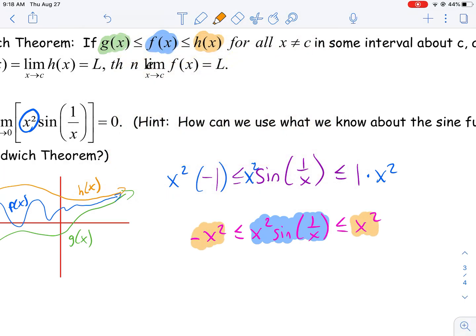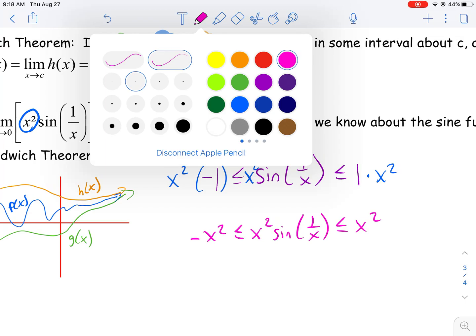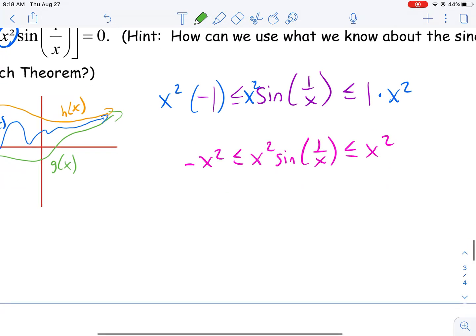right here and right here, and we know how to find the limit of those, because those limits are just plug-inable no matter what our x value is. So we can evaluate the limit of x squared and negative x squared as x goes to 0. For negative x squared, just plug in 0 because you can. Remember, that's the easiest way to evaluate a limit when possible.